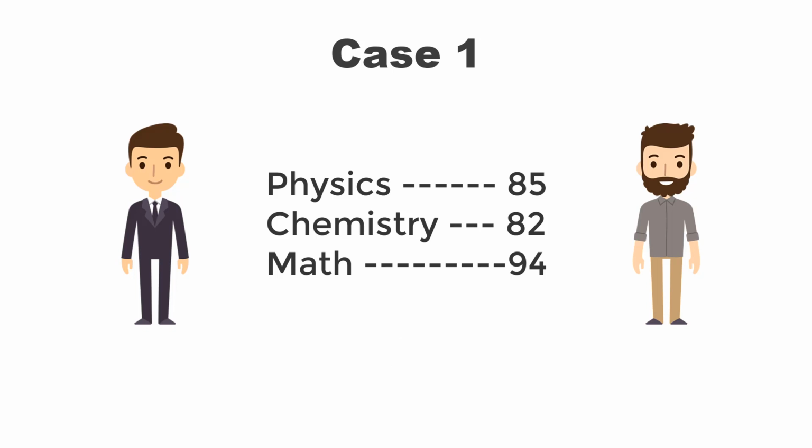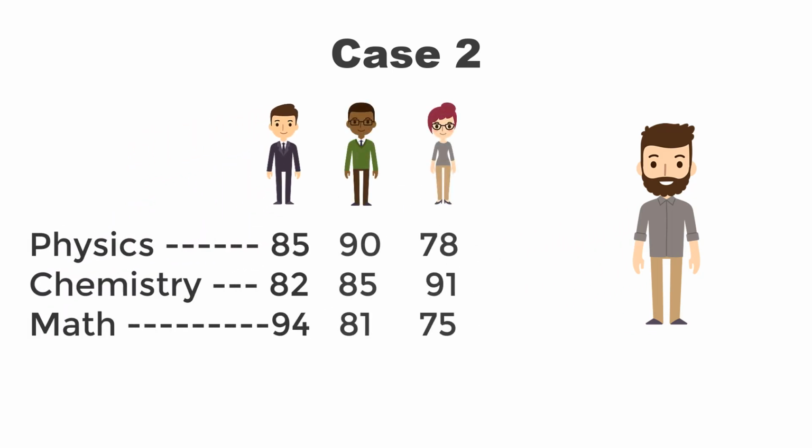Now let's see case 2. Including the scenario of case 1, now say there are multiple students and they all have their unique student ID. So if anyone wants to know his marks, then now the number of questions will be 2.